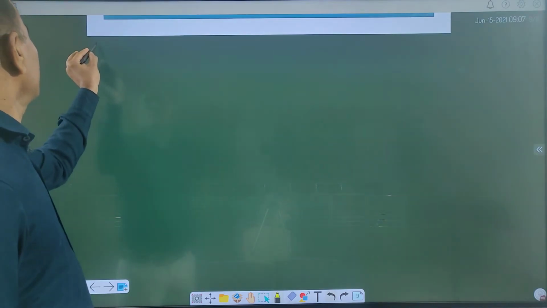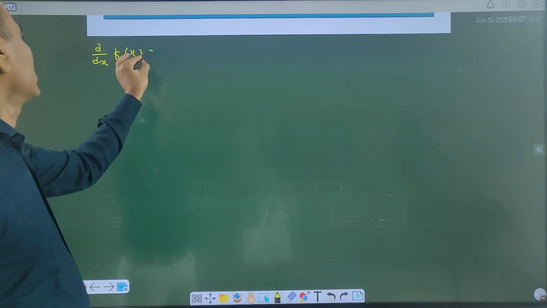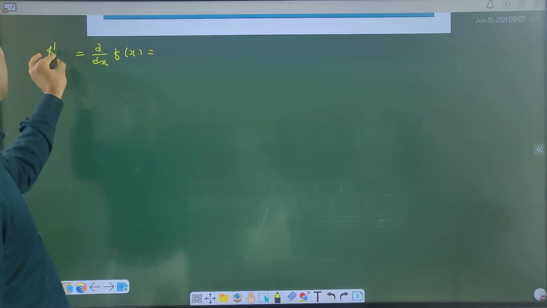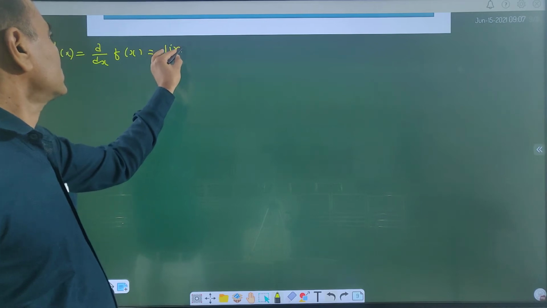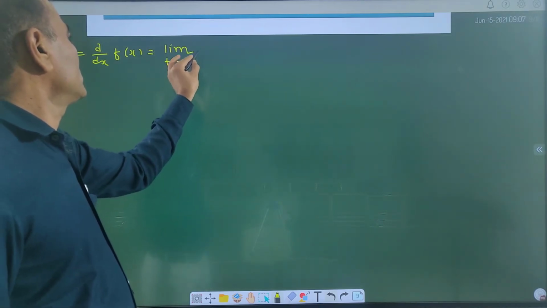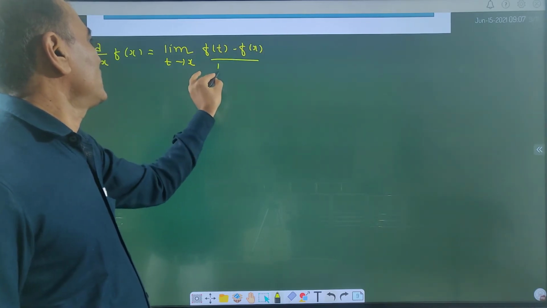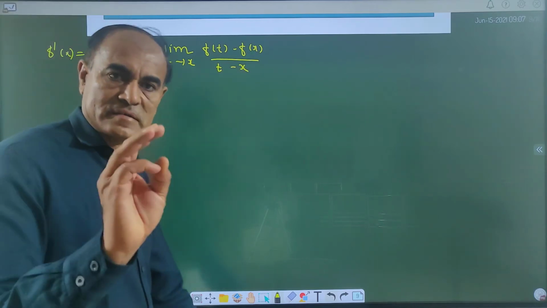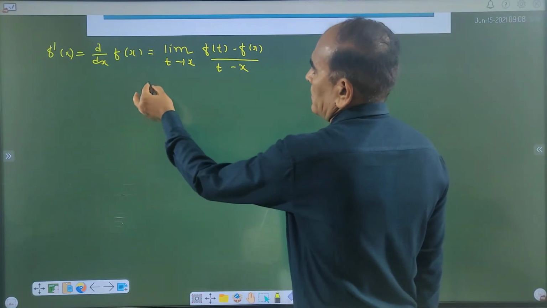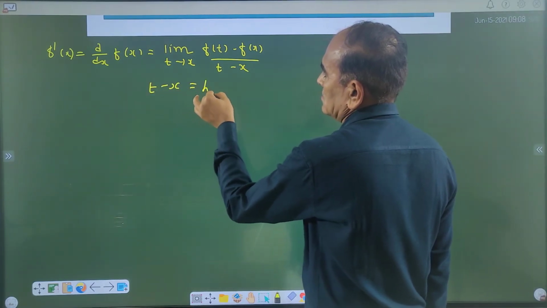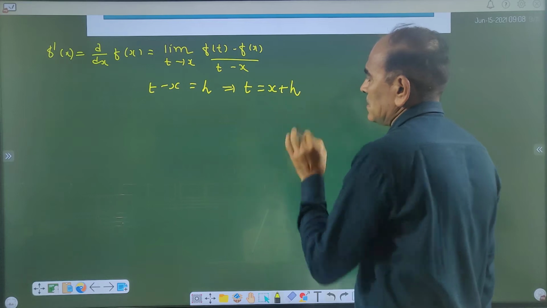First of all, I would like to write the definition. d by dx of f(x), or we can say it is f dash x also, is equal to limit t tends to x of f(t) minus f(x) upon t minus x. So in 11th science we already saw this point. Now if we take t minus x is equal to h, this implies t is equal to x plus h.